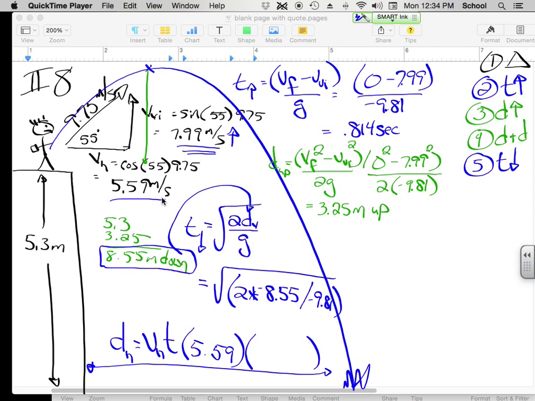Or you could just say everything under the radical is always going to end up positive. I got 1.32.